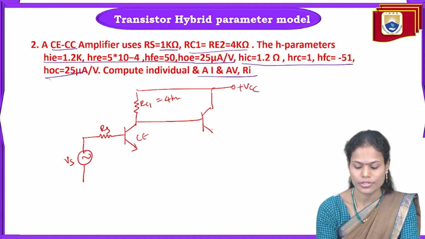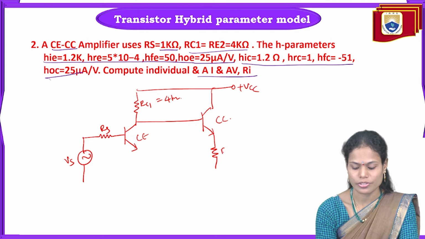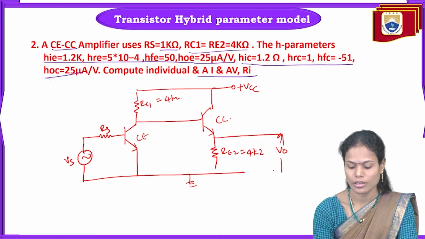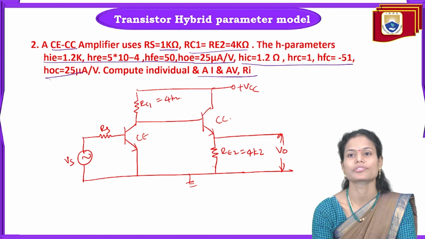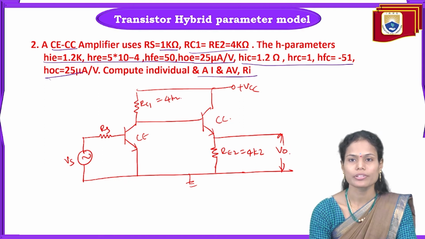This is the CE stage. This is the CC stage. And the emitter resistance RE2 is also 4 kilo ohms. So it is grounded here. Here we will measure the output voltage. So this is the circuit for the given parameters.